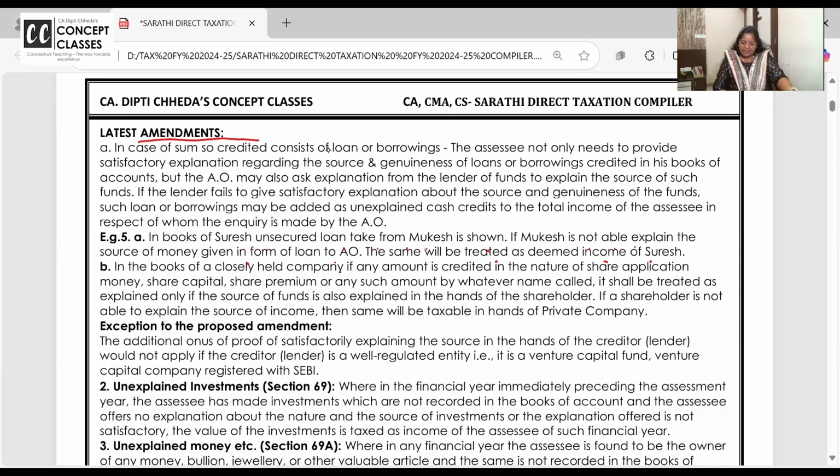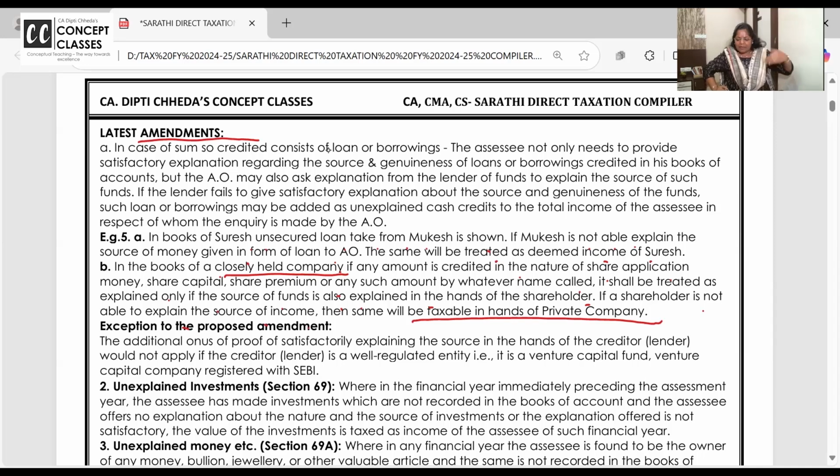Same way, in the books of a closely held company, a private company, if an amount is credited in the nature of share application, share capital, share premium, it shall be treated as explained only if the source of the fund is explained. If the shareholder is not able to explain, then it will be taxed in the hands of the private company. See, private company shares are not freely traded.